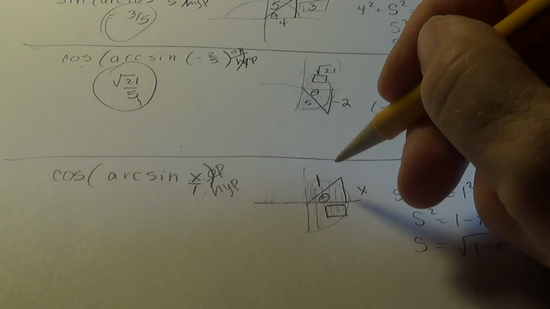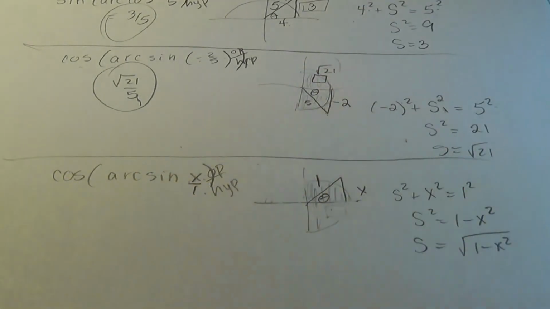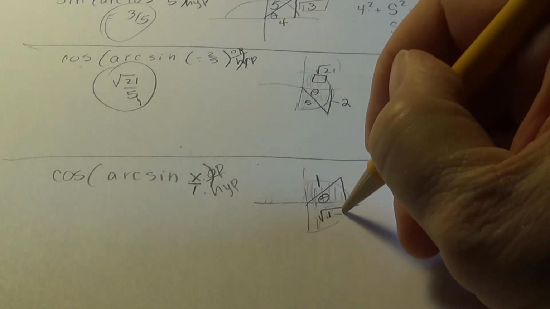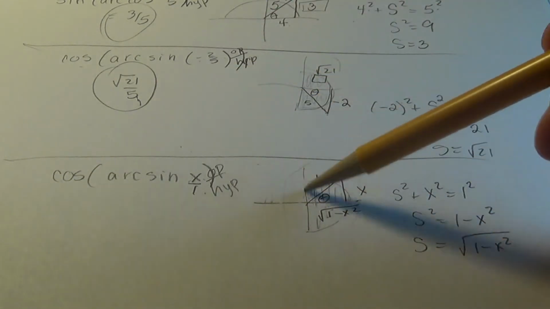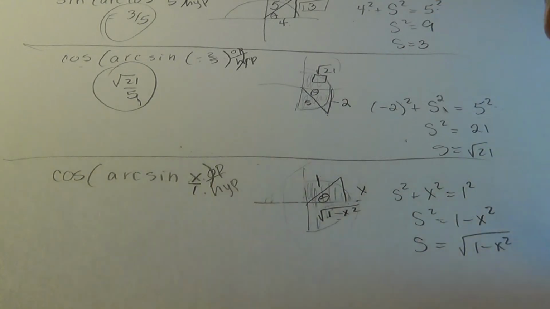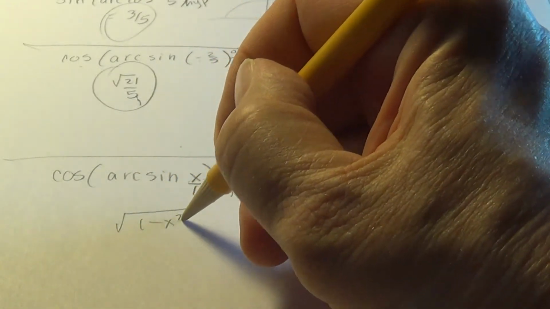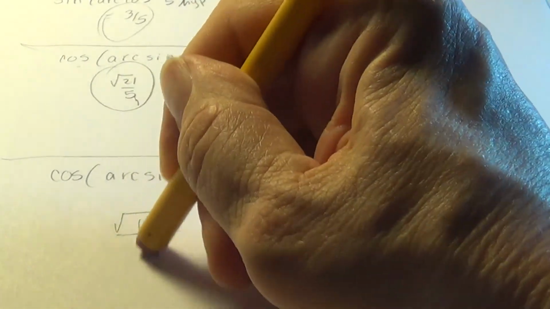So I put that in here. Let me get rid of this box since I can't write that expression in it. The square root of 1 minus x squared. What is the cosine of this angle? Cosine is adjacent over hypotenuse, so we get the square root of 1 minus x squared over 1, but we don't write the 1.